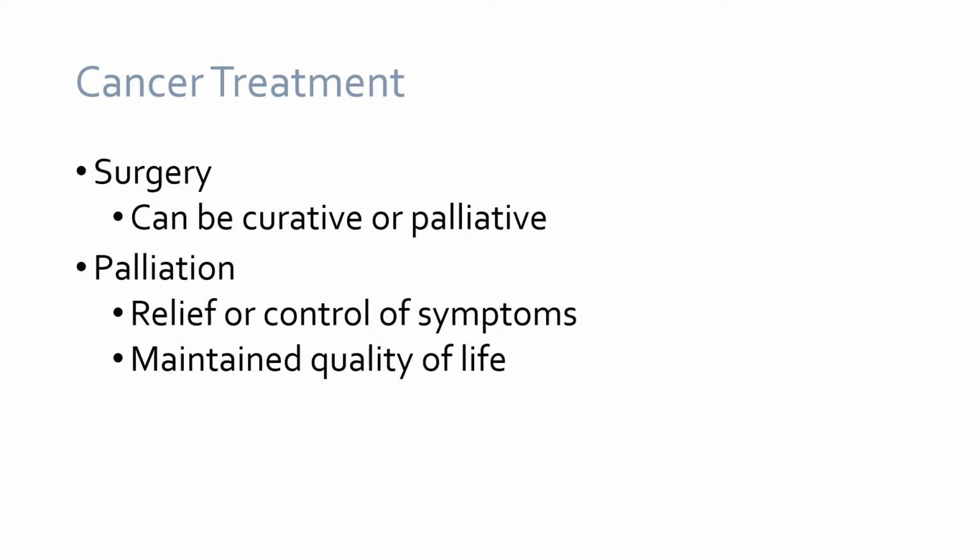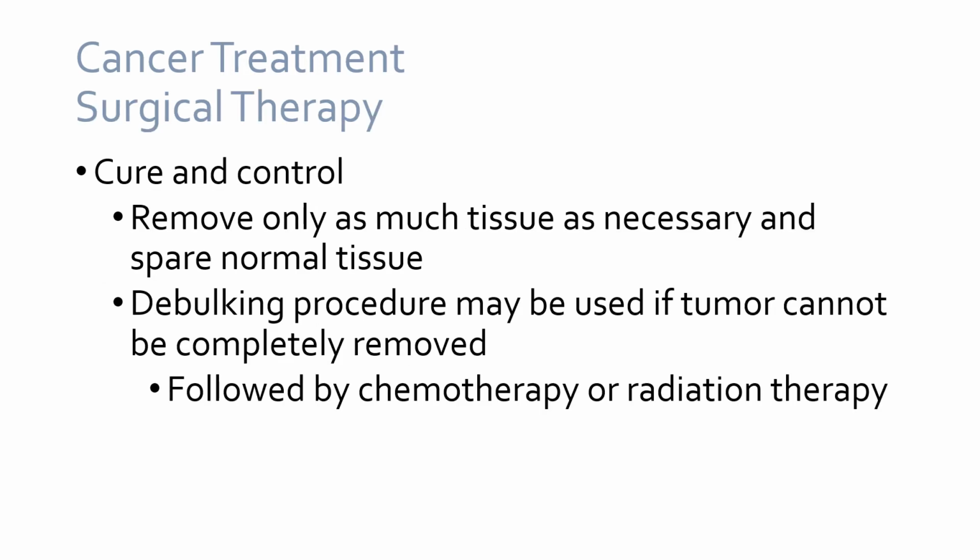Pretty much covered that already with surgery and palliation. So for surgical treatment, if you cure and control, most of the time when I think of this, I think about someone who has a brain tumor, and they will do surgery that is called debulking the tumor, where they go in and take as much of that area out as they possibly can, but sparing any nerve roots or any areas that they cannot risk being destroyed by the surgery.